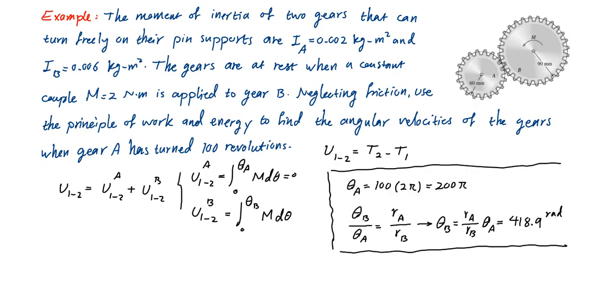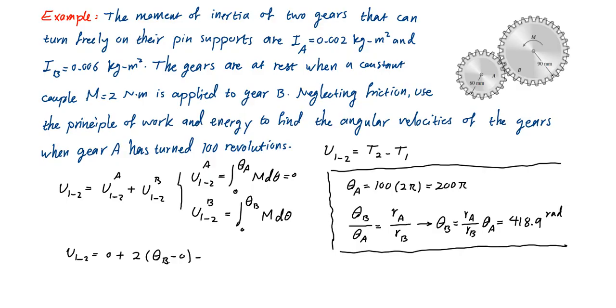So we can use that. Now, U from 1 to 2, well, the first one is 0. The second one would be M times theta B minus 0. We're looking at B. So U1 to 2 for B: the first one is 0 plus the second one, M is 2, a constant, comes out, times theta B minus 0.